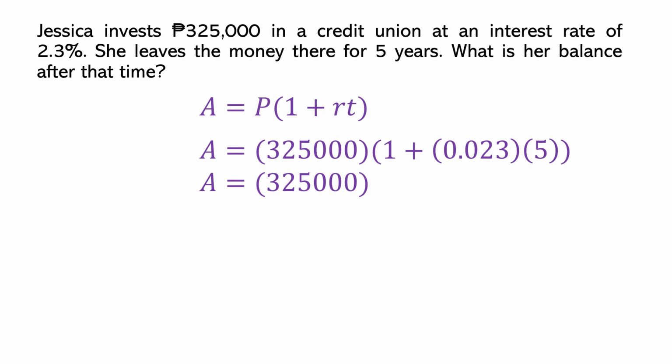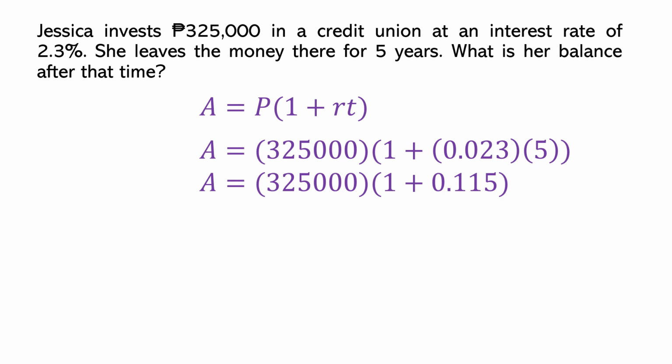And AS stands for addition or subtraction, whichever comes first from the left. In this case, we have 1 plus and 0.023 times 5. So we're going to multiply first before we add. So 0.023 times 5, we'll just copy 1 plus and then we'll get the product 0.115.